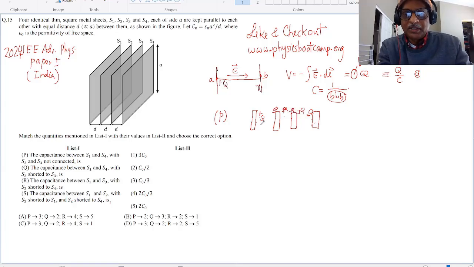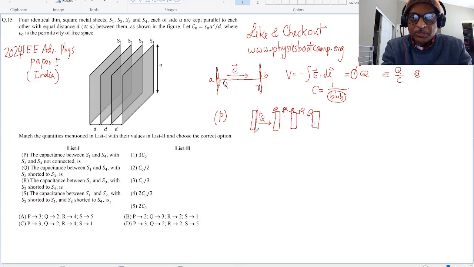So you can see in here, in a parallel plate situation, if you have a sheet of charge Q and let the area be A, then the electric field here is going to be Q over A times 2 epsilon naught from this plate.